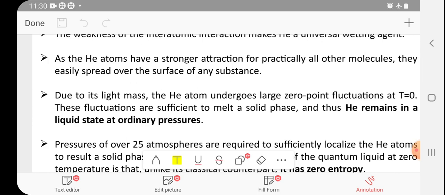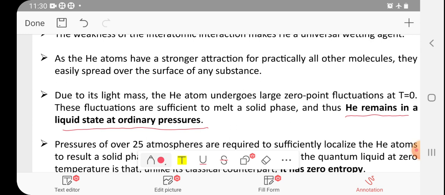That is why the helium atom undergoes zero-point fluctuations at T equal to 0. These fluctuations are sufficient to melt the solid phase, and thus helium remains in a liquid state at ordinary pressure. We have to keep this fact in mind.